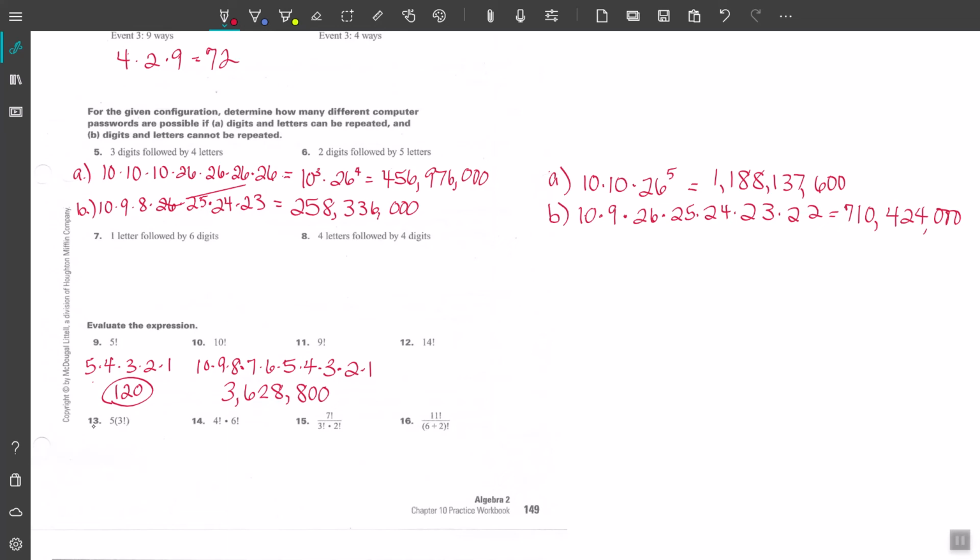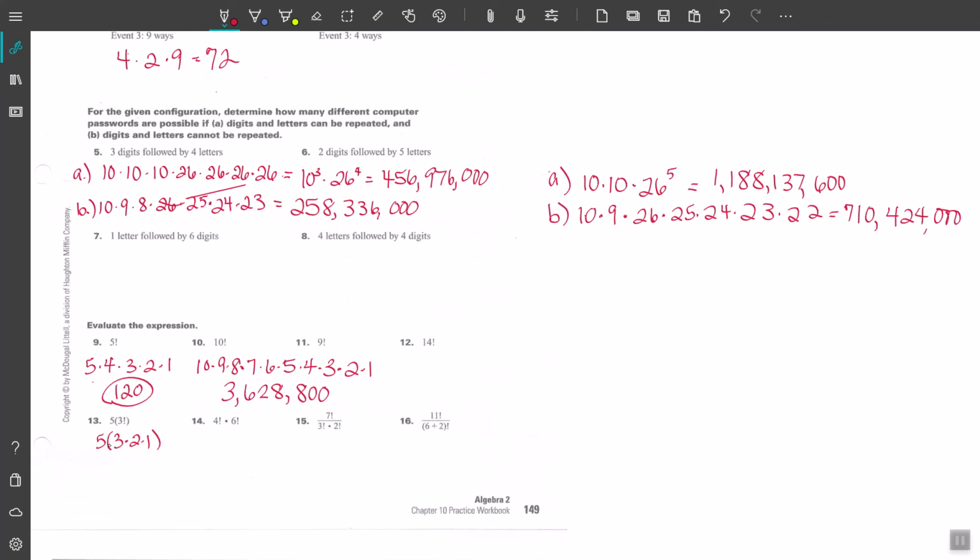Now on number 13, a problem like this, I need to find 3 factorial before I multiply it by that 5. So for example, I'm not distributing the 5 in because then that would be 15 factorial. When really and truly what's inside the parentheses is 3 factorial, which means 3 times 2 times 1. I'm going to get a very different answer for that.